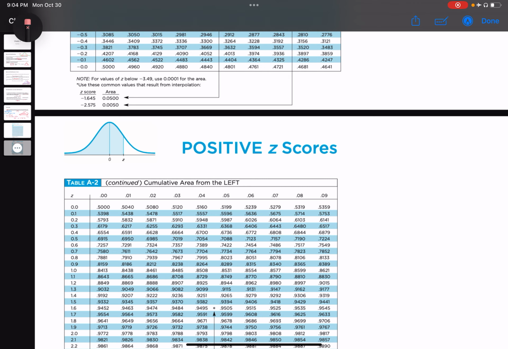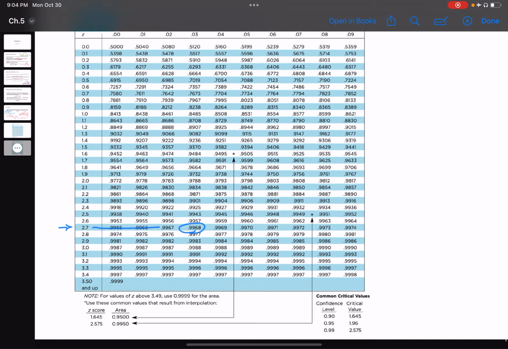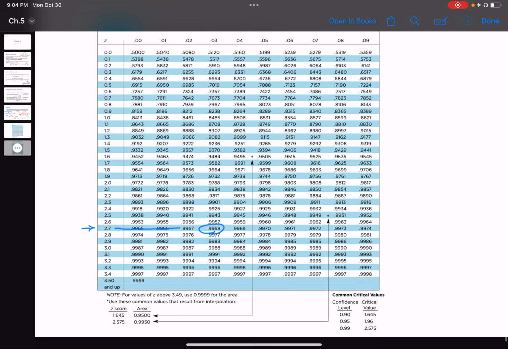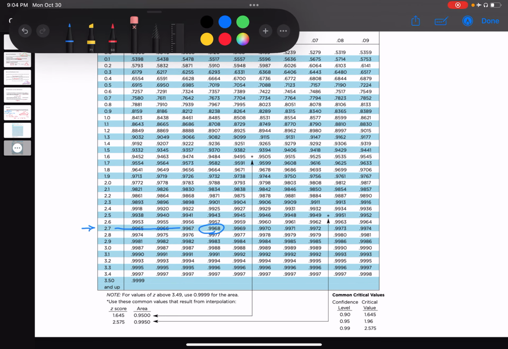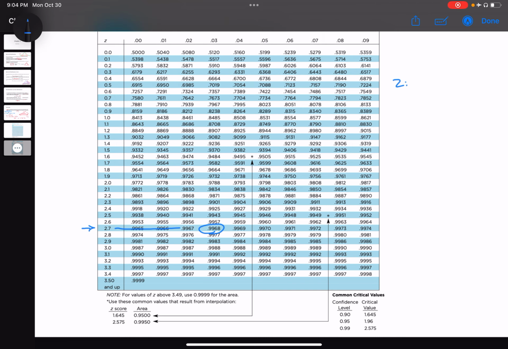You can simply look it up. Sorry, let me do it again.